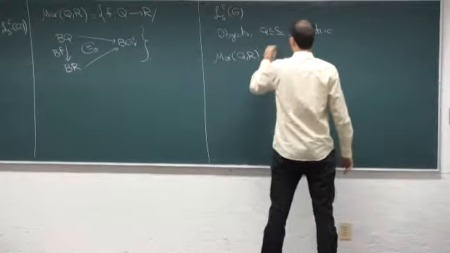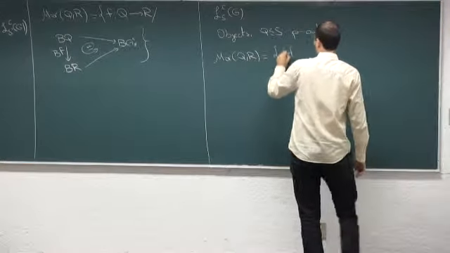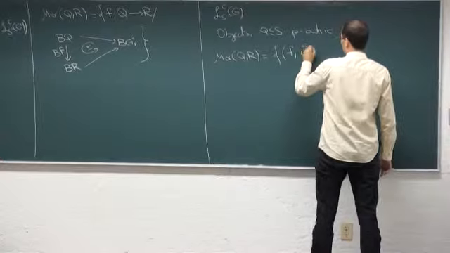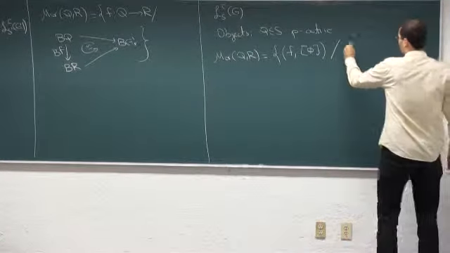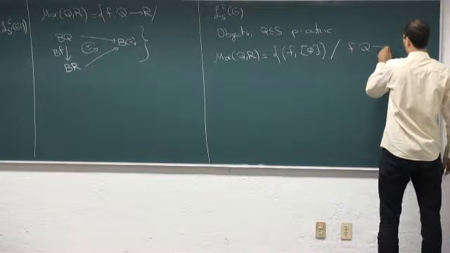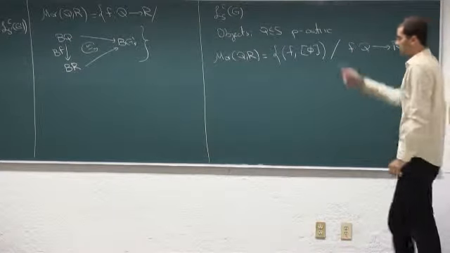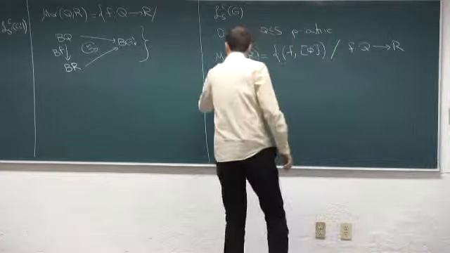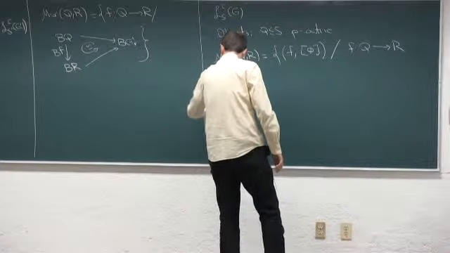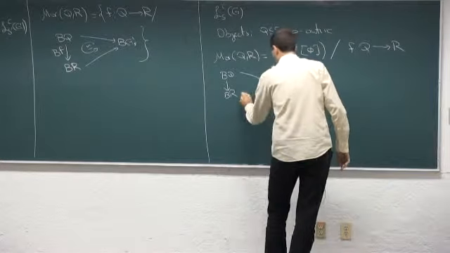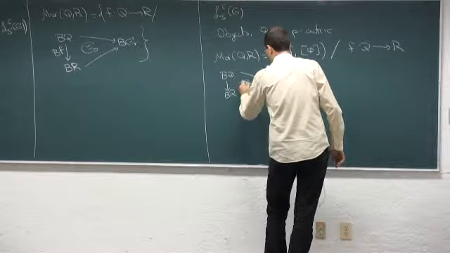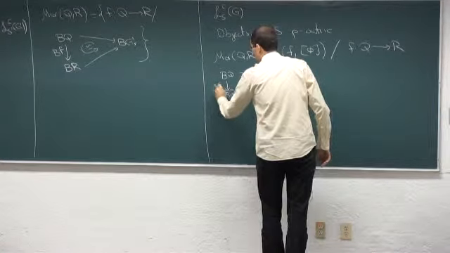So now the morphisms are pairs (F, phi), where F is again a group homomorphism such that the same thing happens. So this is BF.